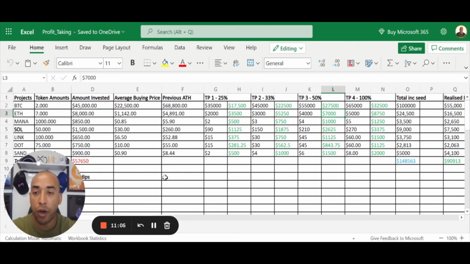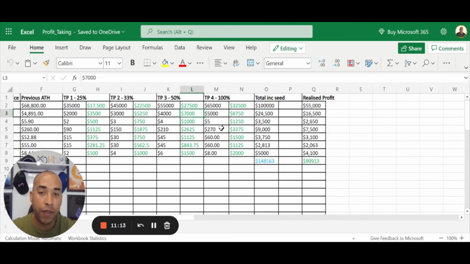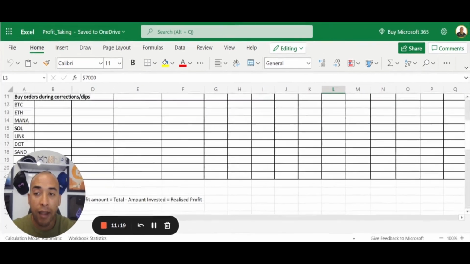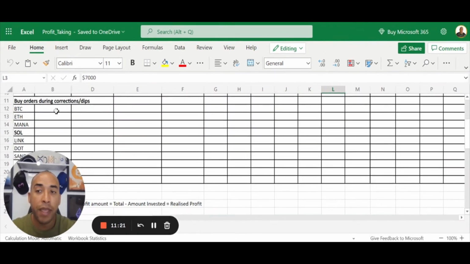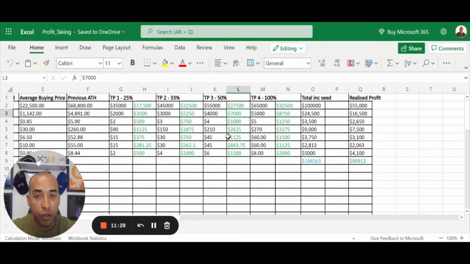Now, I just want to show you guys, in this instance, spending $57,650, okay, if we hit all of these take profit 4s, and don't forget, we're also going to be buying at a lower price each time there is a correction or dip. So that cycle continues.